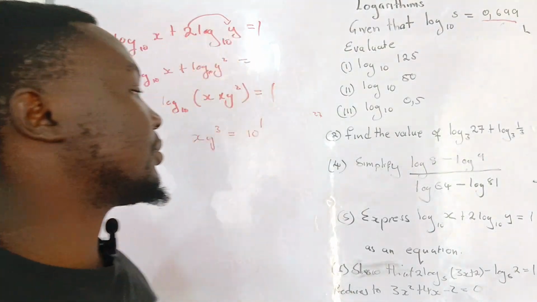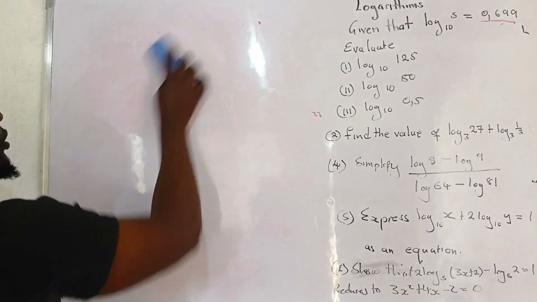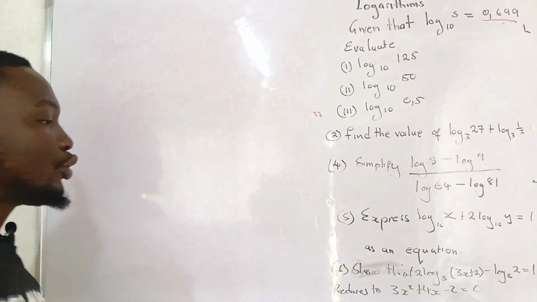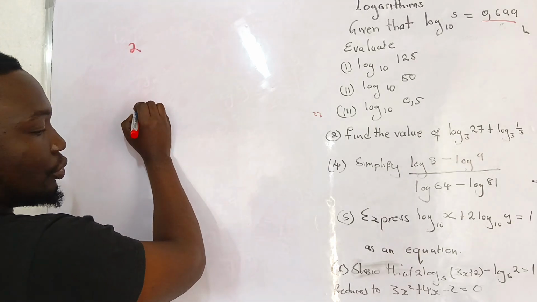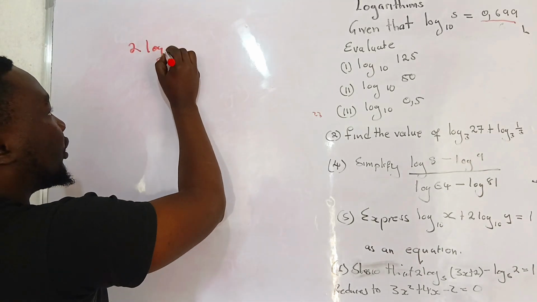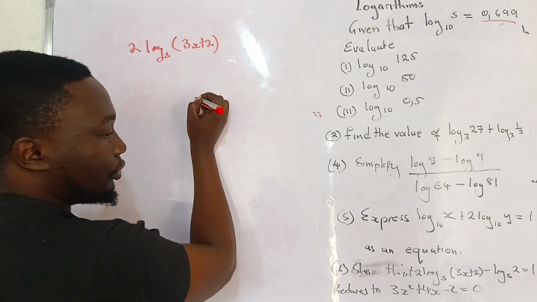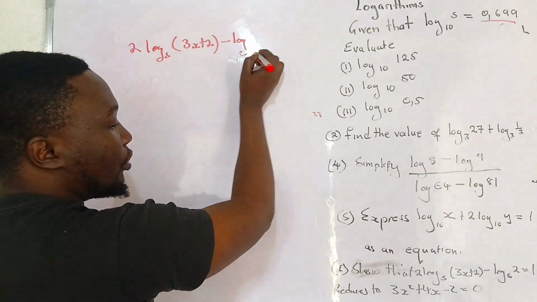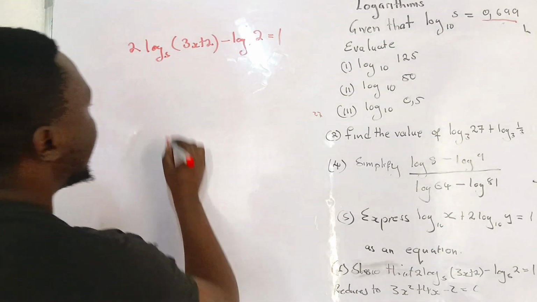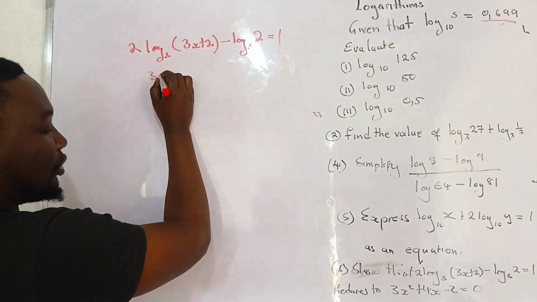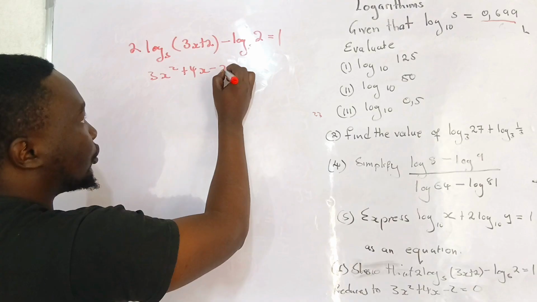So let's move on to number 6. Show that 2 log base 5 of (3x plus 2) minus log base 5 of 2 is equal to 1 can reduce to 3x squared plus 6x minus 2 equals 0.